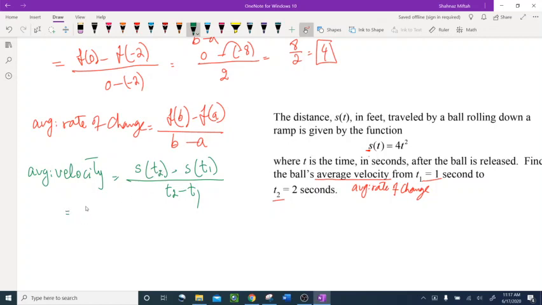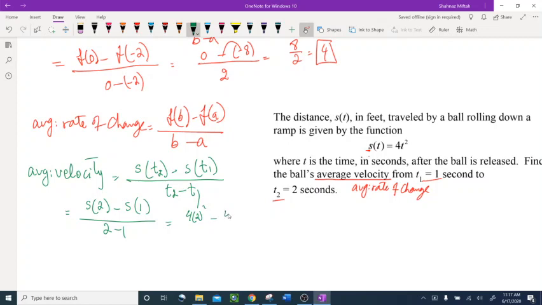s(t2) minus s(t1) over 2 minus 1, where t1 is 1 and t2 is 2. What is s(2)? Plug in 2 for t, so I get 4 times 2 squared, which is 16.